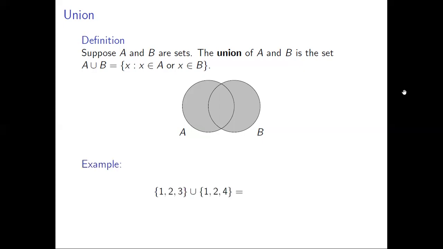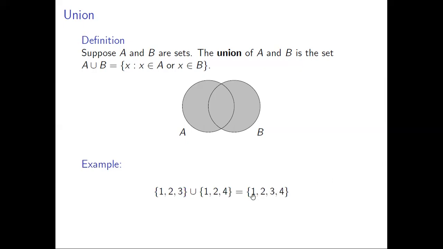Here's an example. If we have the set {1, 2, 3} and the set {1, 2, 4}, and we want the union of these two sets, it is the set {1, 2, 3, 4}. All right, the set of all elements that are either in A or in B. And notice, if they're in both, it's not a problem, right?